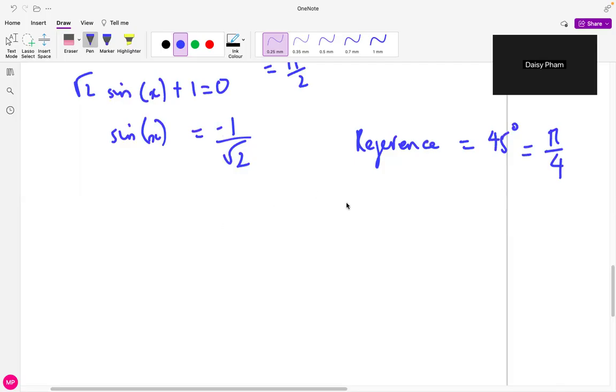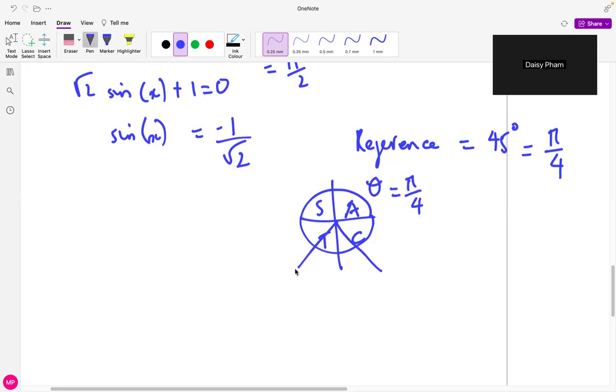Now, because you have a negative, you're going to draw it out. And because of negative ASTC, the negative side will give you quadrant 3 and quadrant 4, because of T and C. Theta is the reference angle, pi on 4, in quadrant 1. In this quadrant, it will be pi plus theta. If you remember, the second quadrant is pi minus theta for your information, and the last one is 2 pi minus theta.